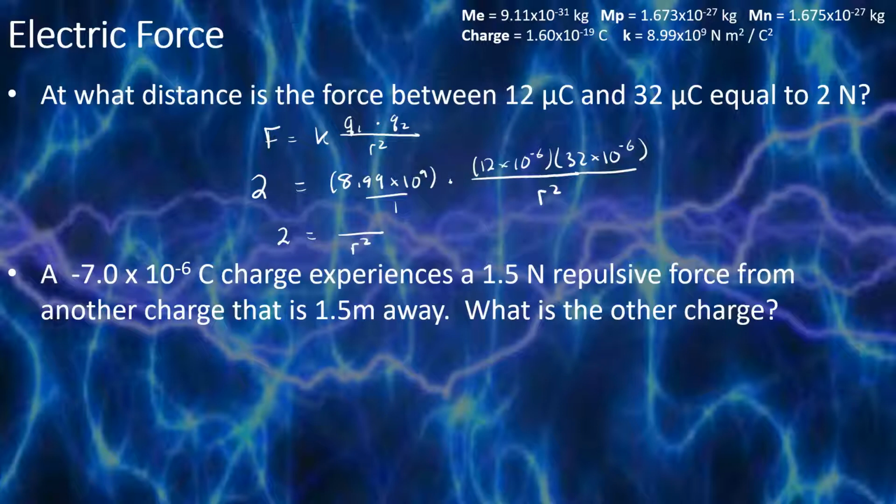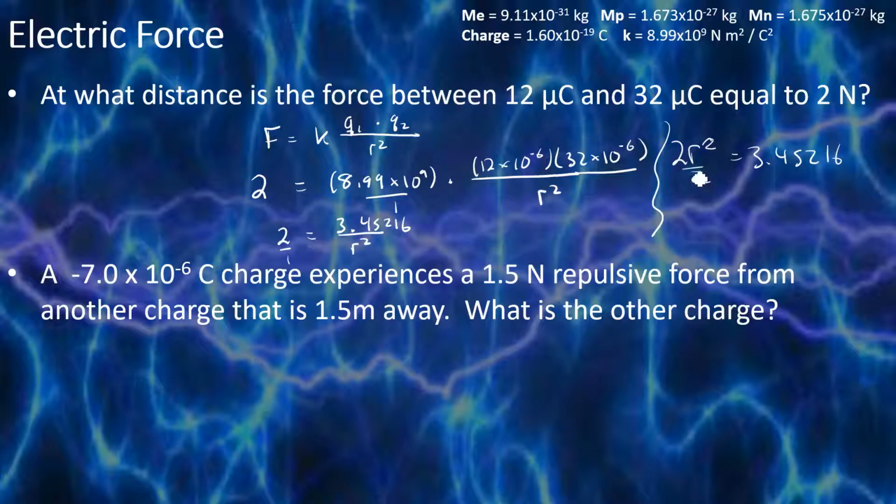It's negative 6. So in the numerator, I have 3.45216. I'll save the final rounding to later, so I'm going to cross multiply. And when I cross multiply, I'm going to get 2R squared equals 3.45216.